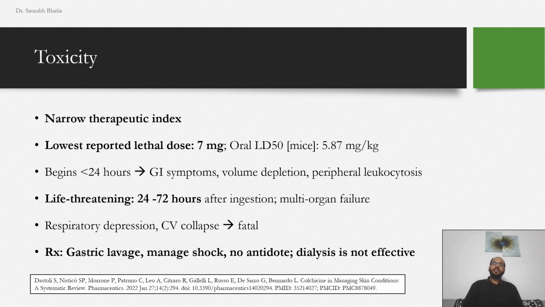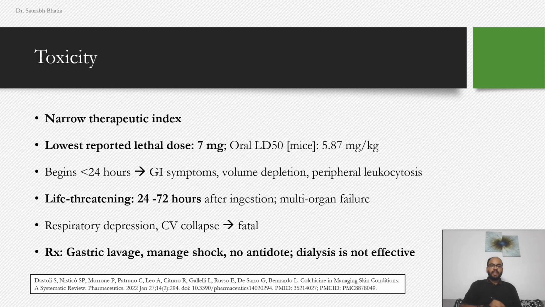And because of the toxicity of colchicine, most of the seniors don't use it regularly, and as a result, the juniors don't know how to use it. Okay, or they are afraid of using it because they've heard stories about toxicity. And I agree, it's a very toxic drug. So it is very important to understand this drug so that we can have one more drug to treat our patients. Okay.